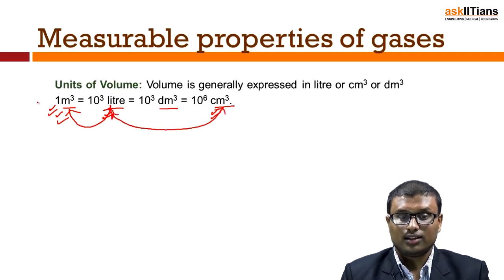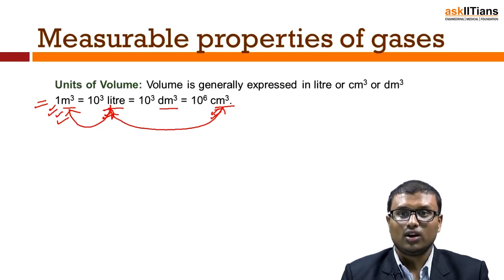This is the relationship between different units of volume: 1 meter cube is equal to 10 power 3 liter, that is 1000 liter, which is 1000 decimeter cube and 10 power 6 centimeter cube. It is very important to know this relationship between meter cube and liter.